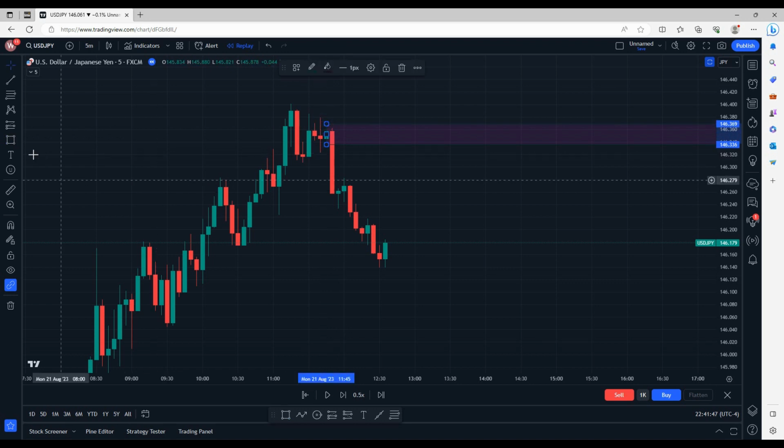So you would have a supply zone here, supply zone here. May not really count these, but we'll see.